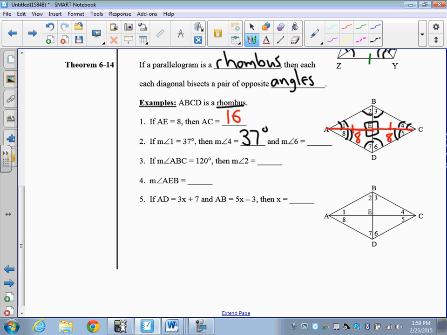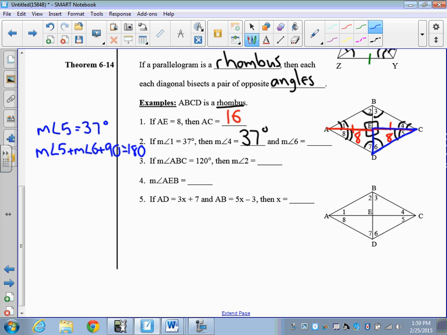Then it says, what's the measure of angle 6? Well, angle 6 has 1 angle mark next to it. So if I would look here, all 3 of those angles have to add up to 180. So for this example, angle 5 is equal to 37. So we have the measure of angle 5 plus the measure of angle 6 plus 90 equals 180.